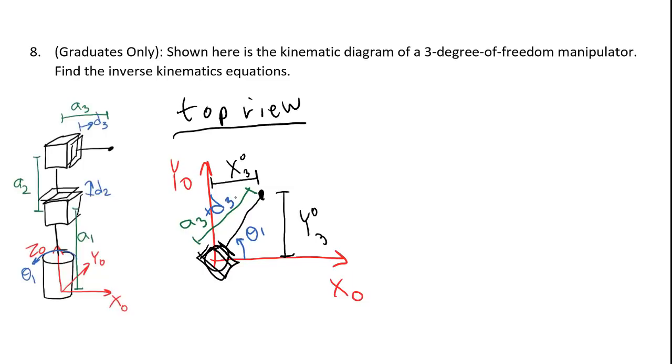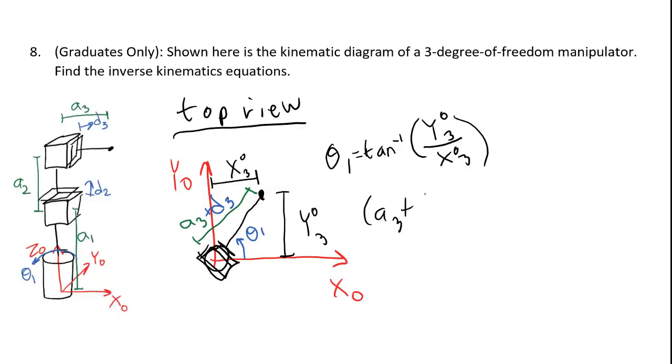So let's see what equations I can get. An equation for theta 1 I think is the easiest here. Theta 1 will be the arctangent of y over x. And then we can get D3 also from this using the Pythagorean Theorem. So I'll do A3 plus D3 squared is equal to x03 squared plus y03 squared.